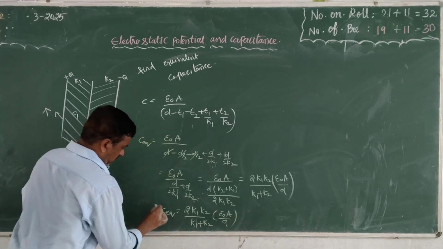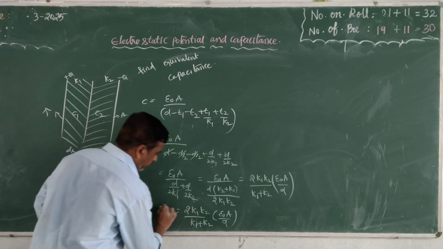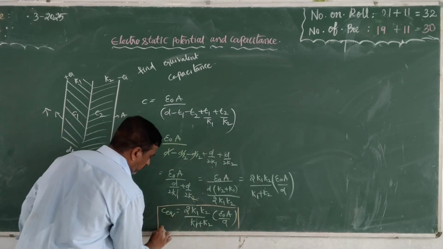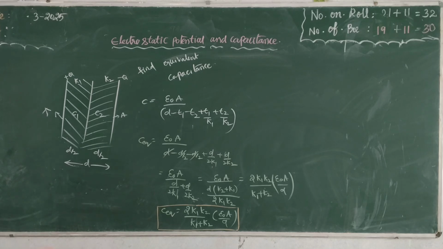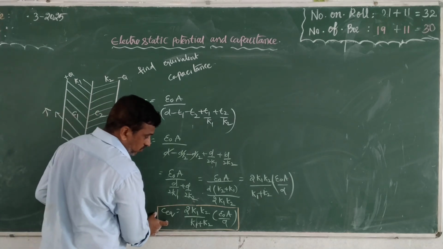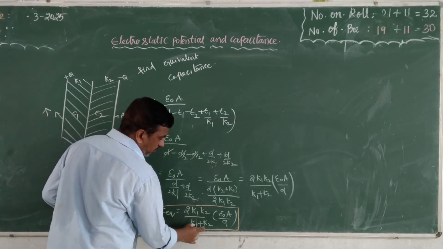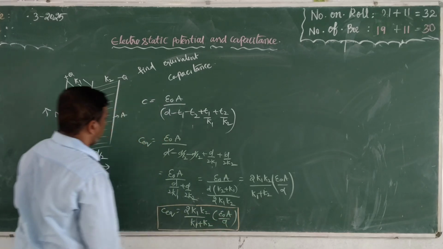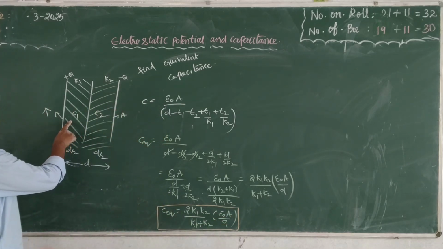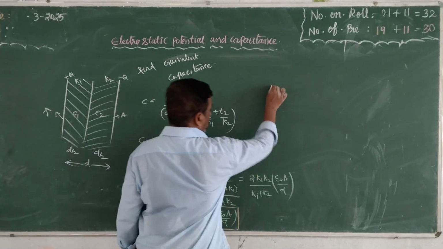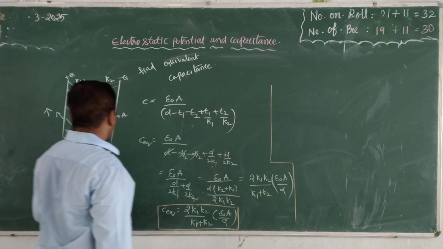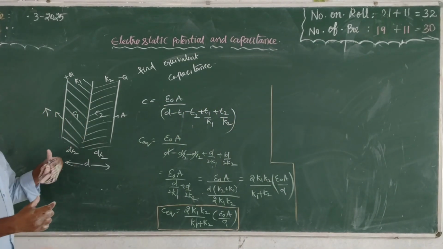It is the equivalent capacitance when two dielectrics are placed between the parallel plates. C equivalent equals 2K1 K2 by K1 plus K2 into epsilon naught A by D, where K1 is the first dielectric and K2 is the second dielectric. Or we can use the series method. It is C1, it is C2, both connected in series.